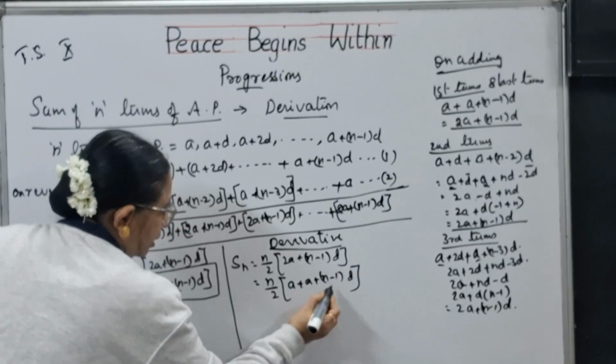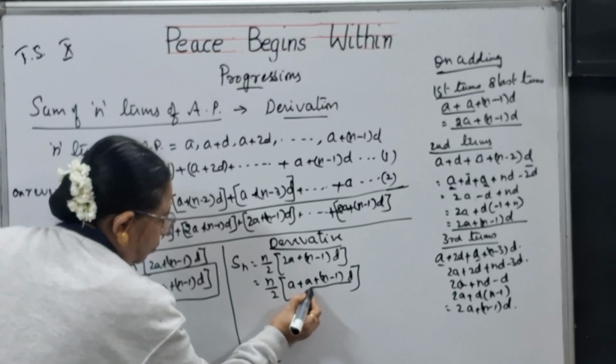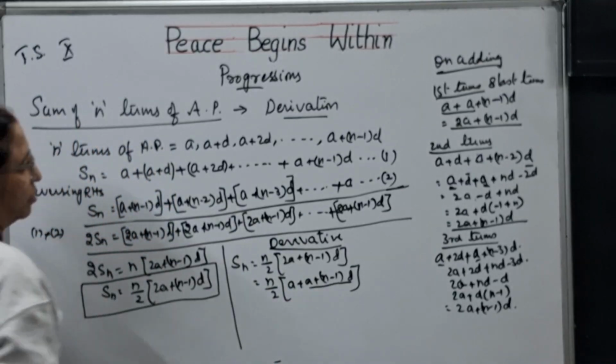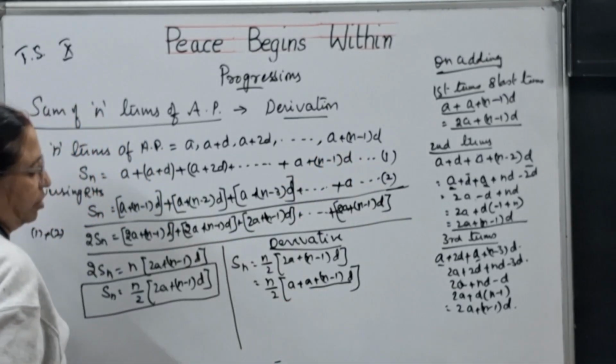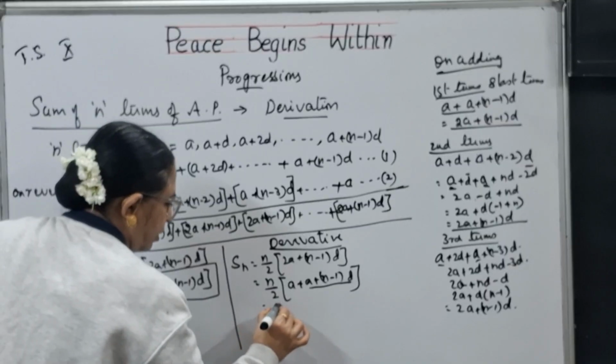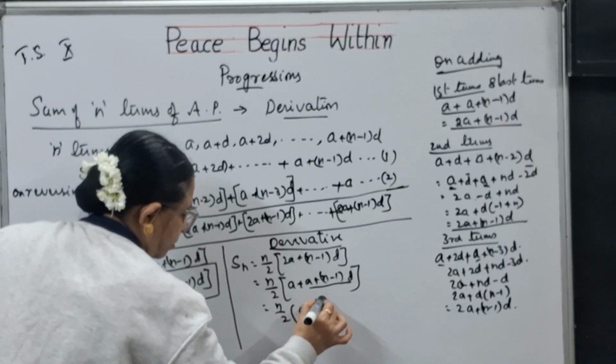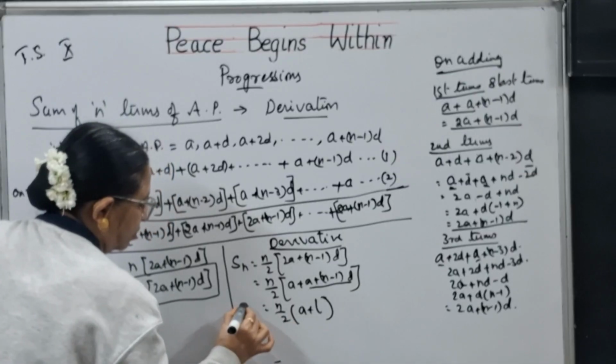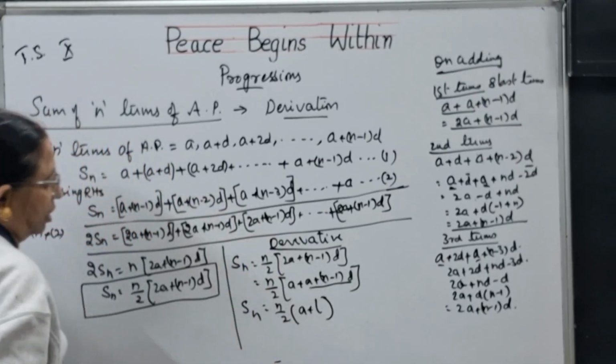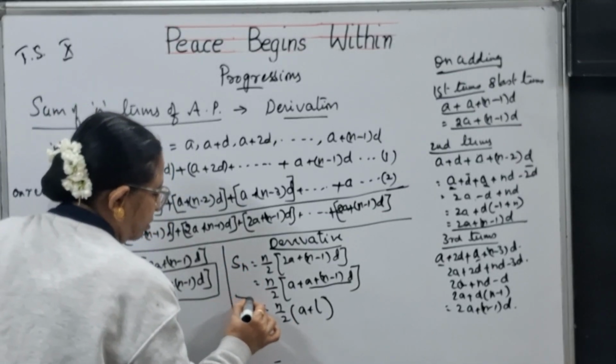If I bifurcate 2a like this, a plus (n minus 1) into d is the last term. So this is nothing but n by 2 into a plus last term. L is the last term. Sn is equal to n by 2 into (a plus last term).